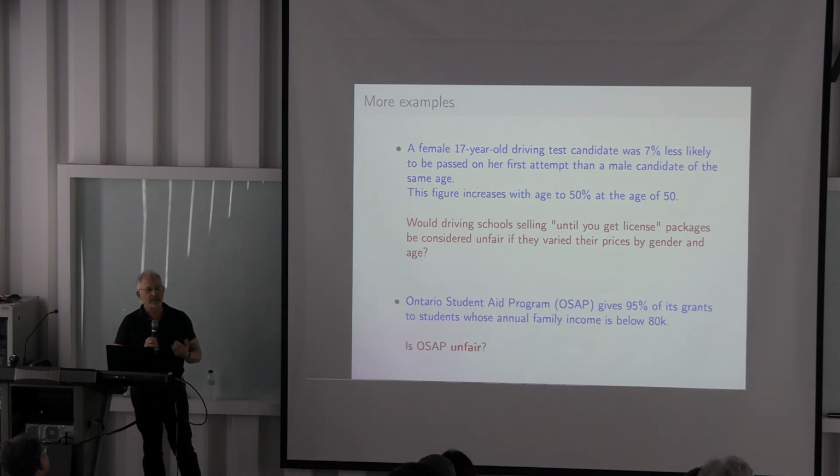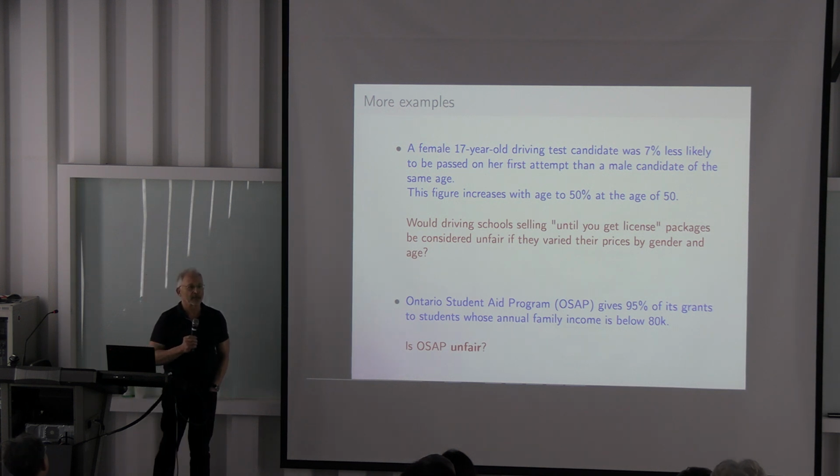Here is another example. The Ontario Student Aid Program gives 95% of its grants to students whose annual family income is below $80,000. Is this unfair towards students that come from rich families?